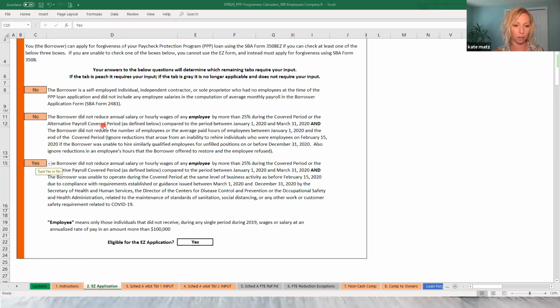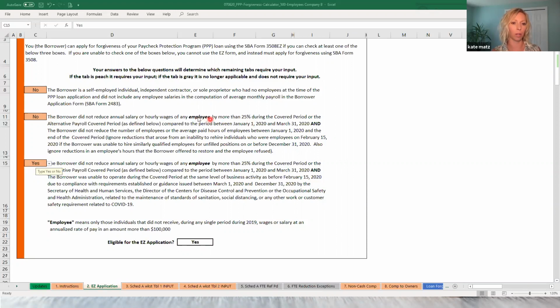So it sounds like there's an individual that made over $100,000 in 2019, and during the covered period, they took a voluntary reduction of their pay by more than 25%. If we look at the second criteria here, the borrower did not reduce annual salary or hourly wages of any employee by more than 25%.